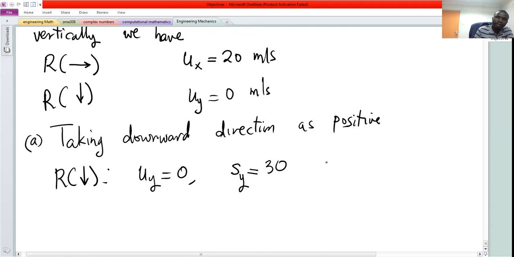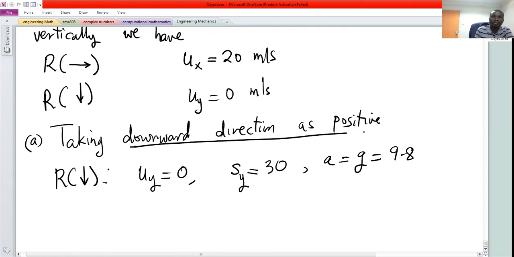Acceleration is the same as g, 9.8, positive because gravity acts vertically downwards. That's why it has a positive sign, because we have taken the downward direction to be positive. And then time is what we don't know.